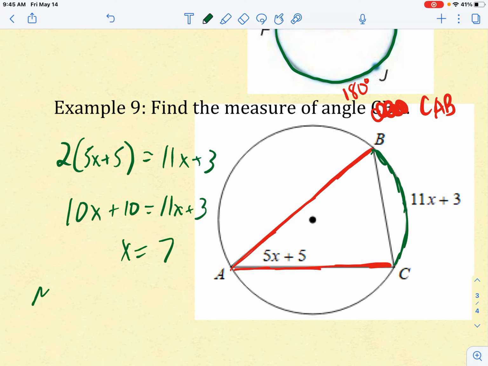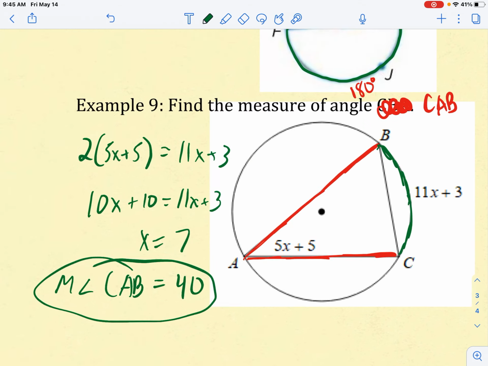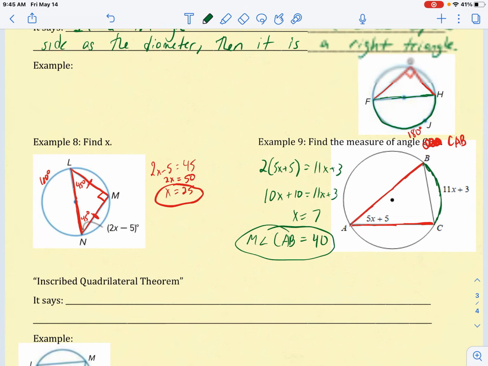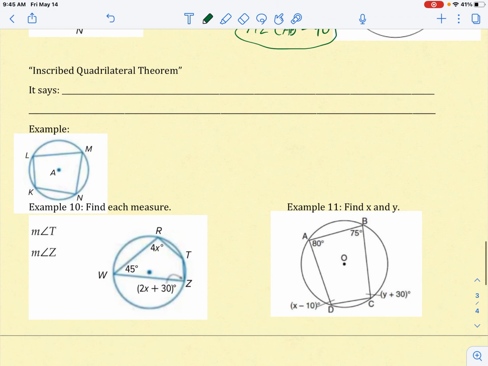X equals 7. The measure of angle CAB is 40. Okay? So that's just to show you that you only get a right triangle when one of the sides is a diameter. Basically, the angle opposite that side is going to be 90 degrees for the reasons mentioned earlier.